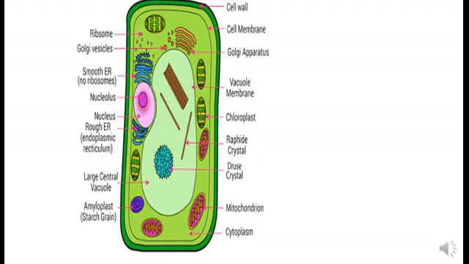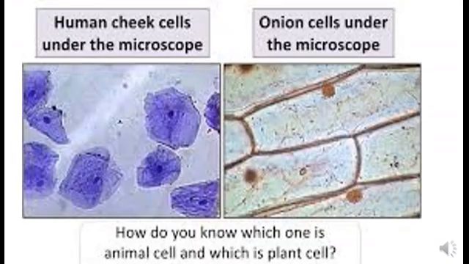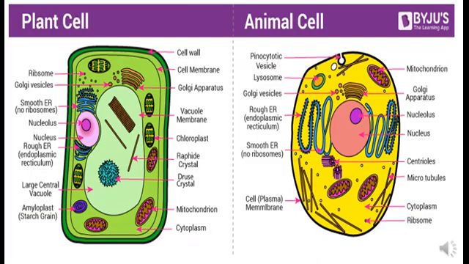Let us compare plant cell and animal cell. You have already observed human cheek cells and onion cells under the microscope in the lab. And when you observe the ultrastructure of both the cells, it appears like this: plant cell and animal cell. This is under the electron microscope.